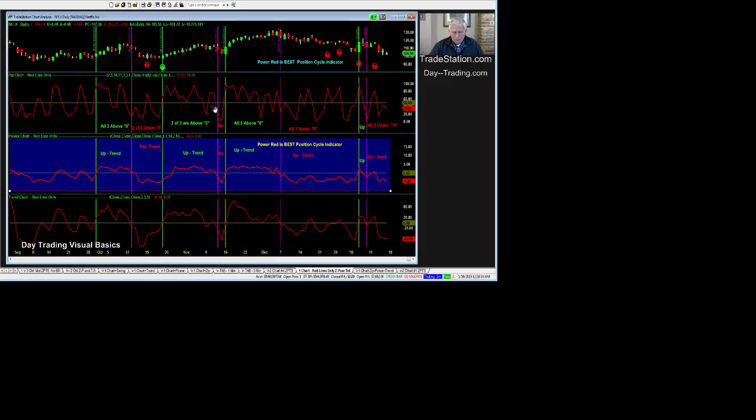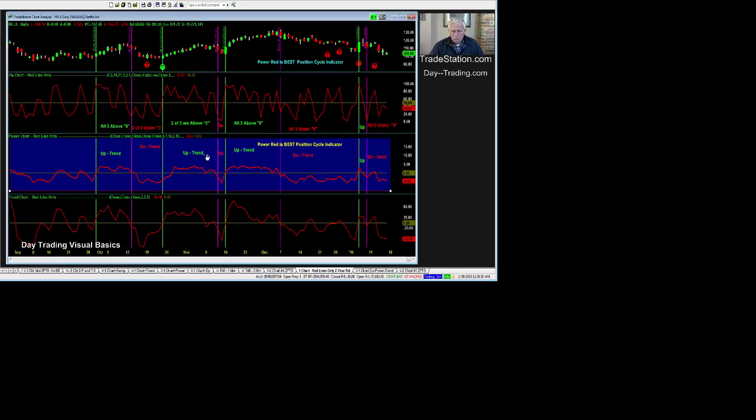So it appears to be not as logically above the 0 line, or in this case above the 50 line, as the power red and the trend red. And it seems to be more jumpy, which it is.